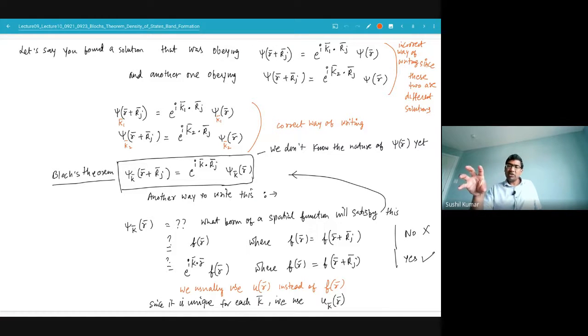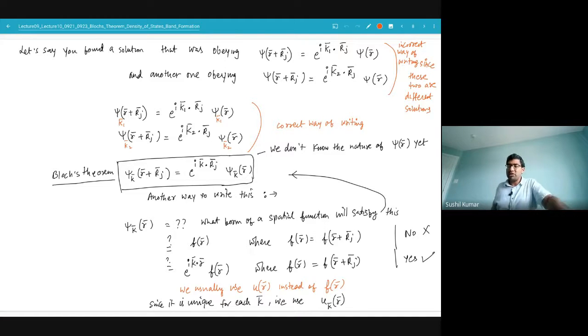Let's say Michael chooses any vector k. Remember, this k is a vector, just like velocity is a vector. Velocity has units of meters per second. This k vector has to be of units of 1 over meters. That's all you need.